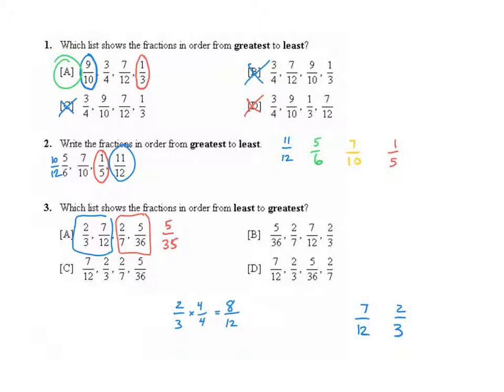So if I compare that to 2/7, obviously 2/7 is greater than 1/7, so 2/7 is going to be greater than 5 over 36. So I want these to be least to greatest, so 5 over 36 will be my smallest, and then 2 over 7, and then 7 over 12, and 2 over 3.